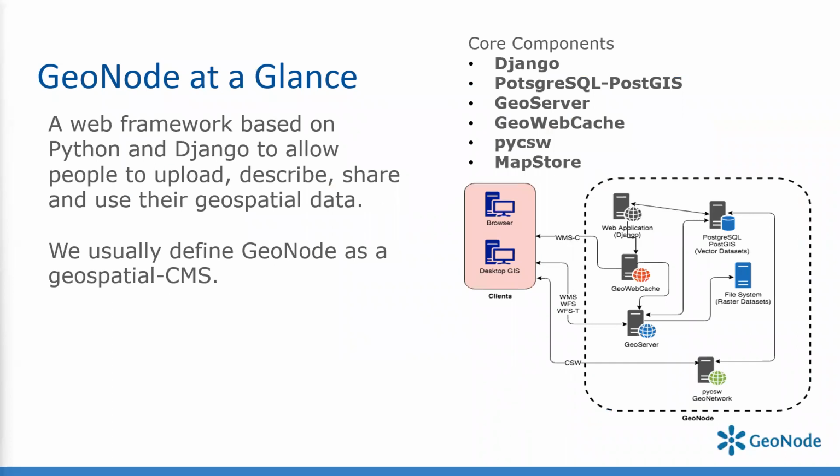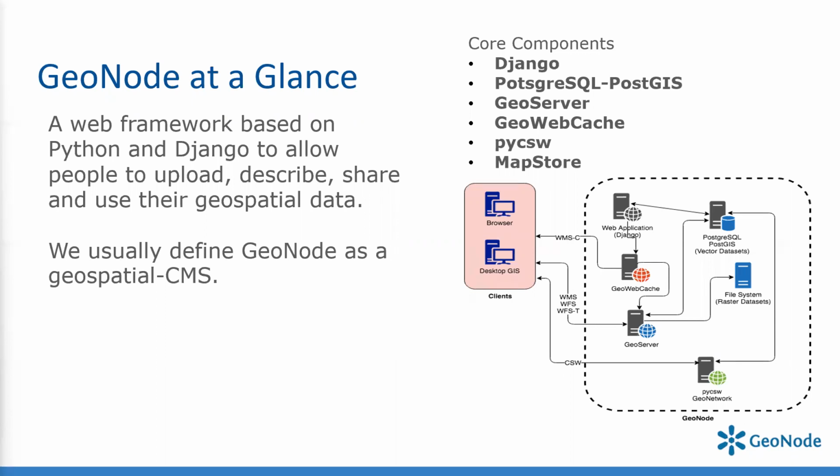GeoNode is a web framework based on Python and Django that allows people mainly to upload seamlessly geospatial datasets and also some non-geospatial datasets like images, video, audio, and media contents, describe the dataset that they upload into the catalog and disseminate through the APIs and Open Geospatial compliant protocols those datasets and their associated metadata through the web.